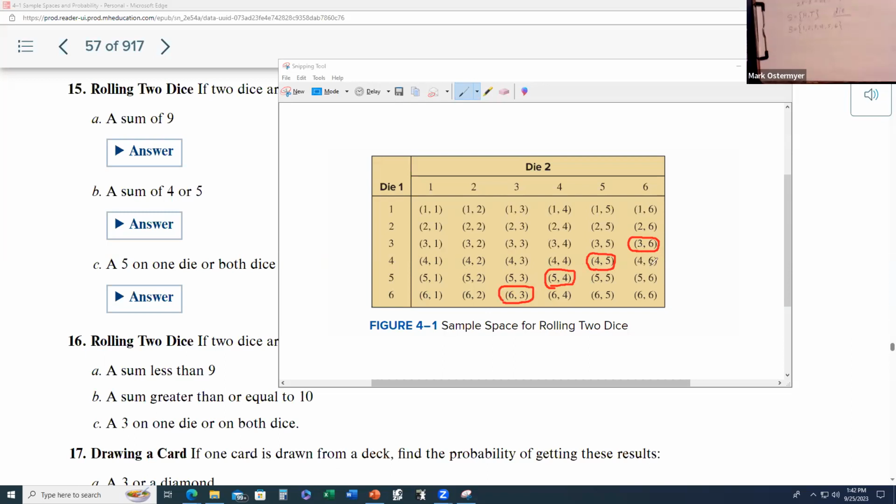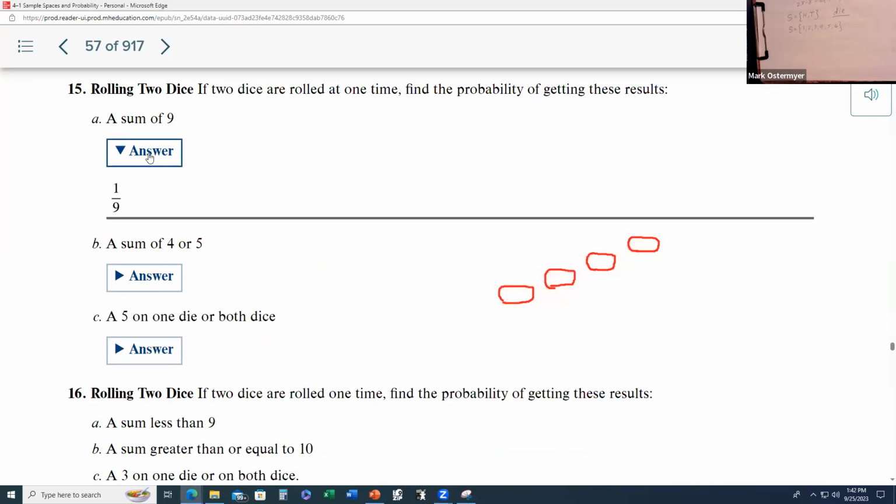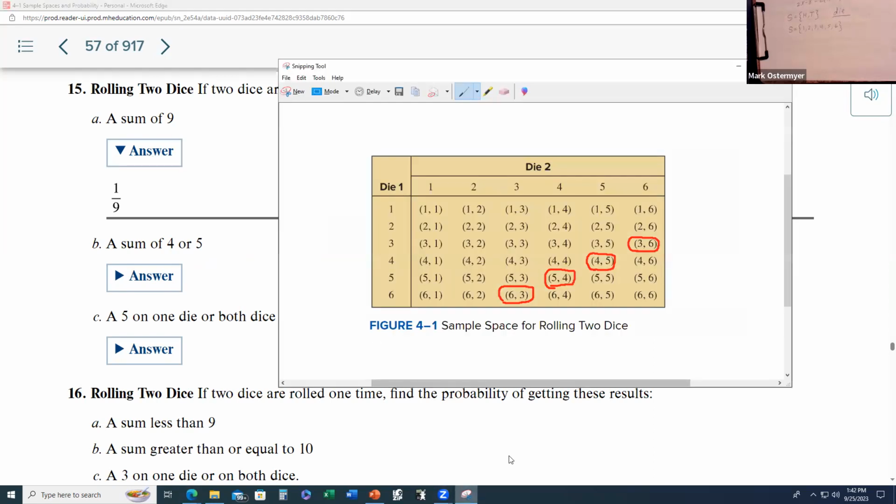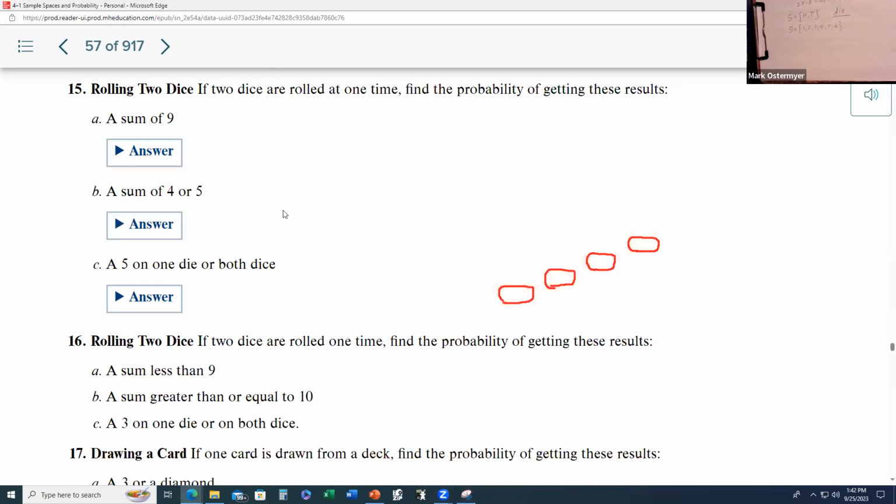Four, divided by how many outcomes? 4 divided by 36. 1/9 is the probability of rolling a sum of 9. Anybody see that there? 4 out of 36 ways.